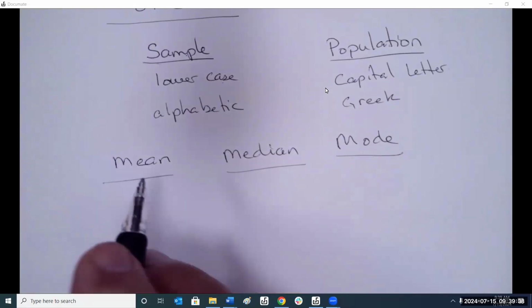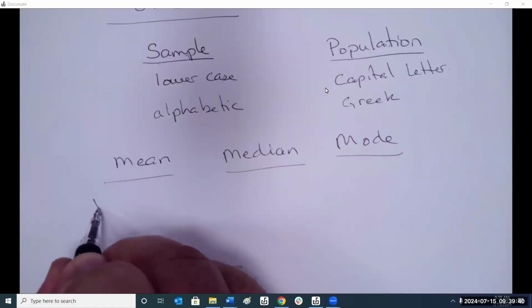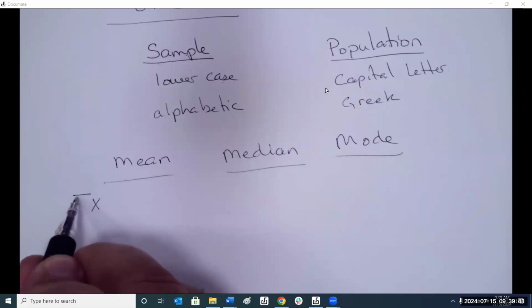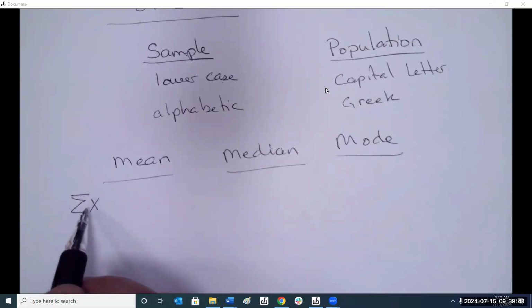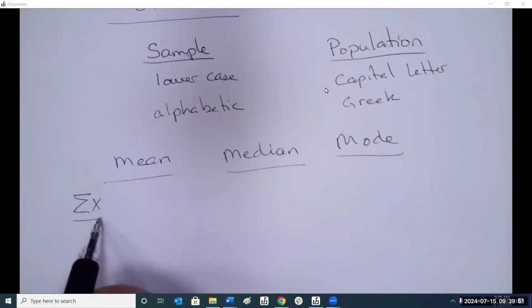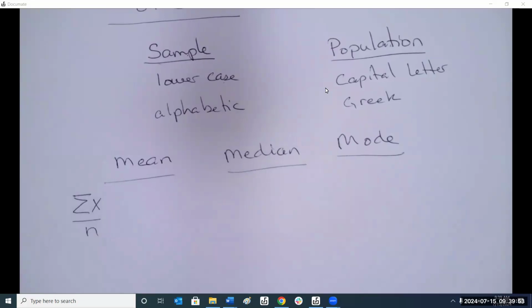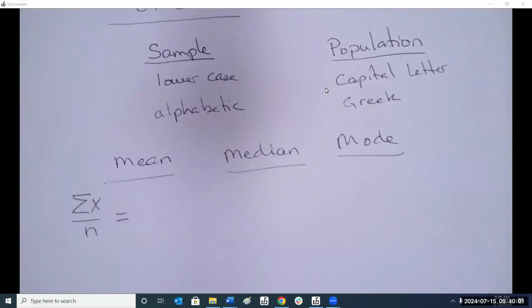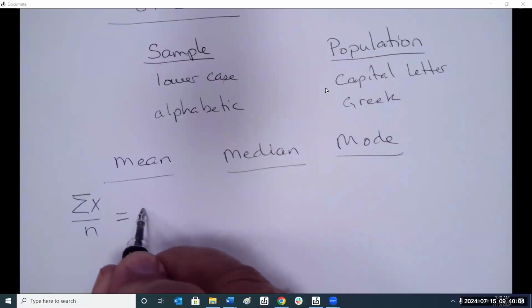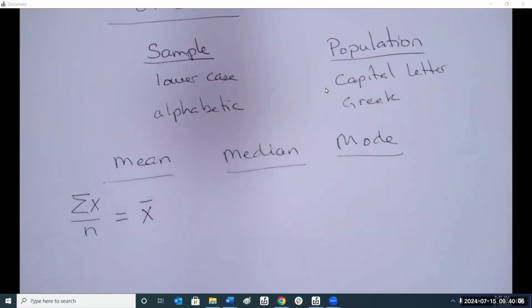The mean: all your data points, the X, we use that Greek sigma, the Greek S, to add up all the data set and divide by how many you have, N. Whenever we talk about the mean, the way we represent that for samples is X with a bar over it. It's a lowercase x with a bar over it. If it's a capital X with a bar over it, it's the population mean.